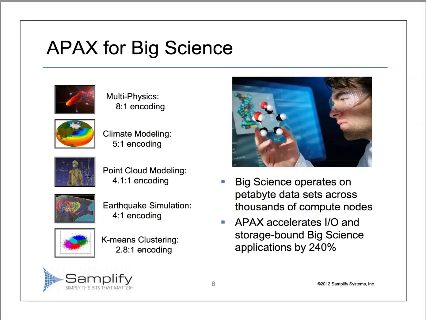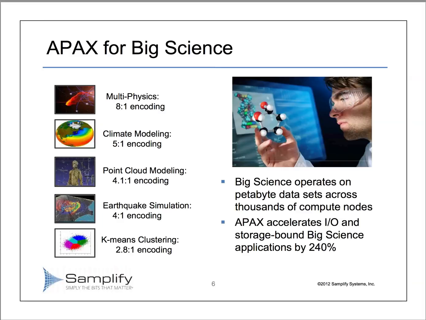Here are some example applications within big science that we've been working with early access customers. Multiphysics, we can achieve 8 to 1 encoding. Climate modeling, 5 to 1 encoding. Point cloud modeling, over 4 to 1 encoding. Earthquake simulations, 4 to 1 encoding.